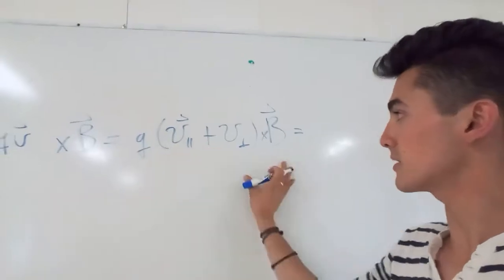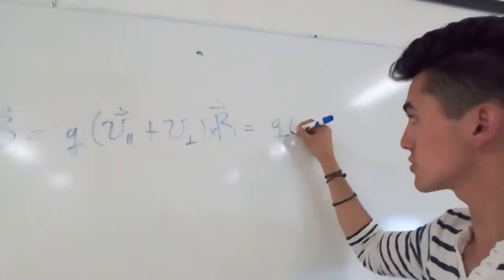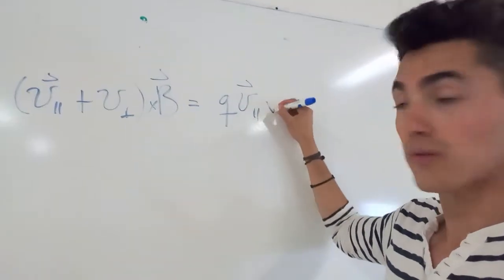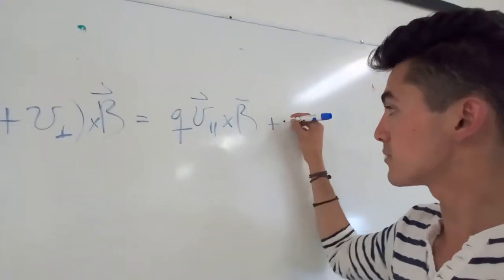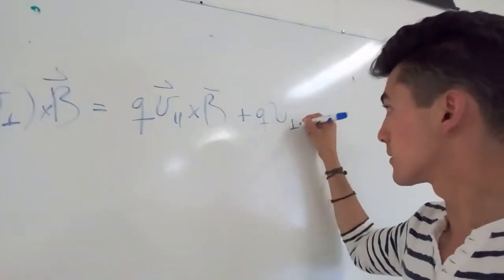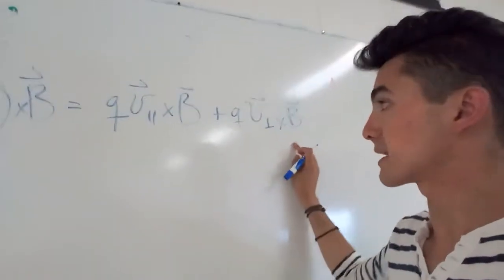And once we have this, we can divide this into two parts. First the parallel part, which is the charge times our parallel velocity cross product our magnetic field, plus the charge times our perpendicular velocity cross product our magnetic field.